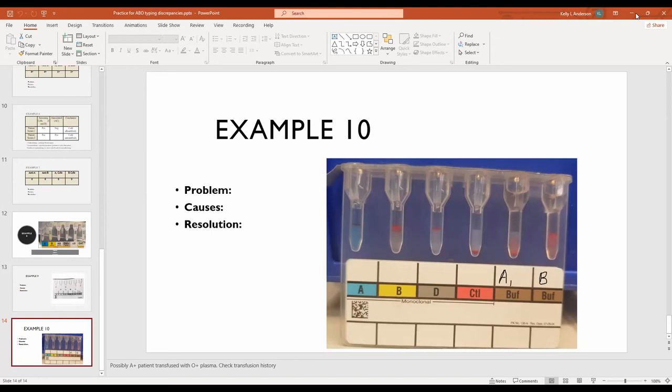So in this one, because anti-A is an IgM, which is a pentamer, it's going to make all your cells really stick together. So if you see some agglutination, what you're going to do is spin your cells back down.